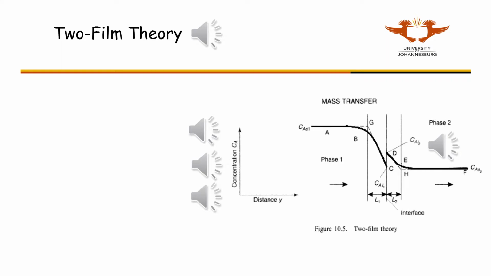This slide deals with the two-film theory. You have two fluid phases, for example air and water. A gas diffuses through the phase 1 film, crosses the interface, and then diffuses further through the phase 2 film.